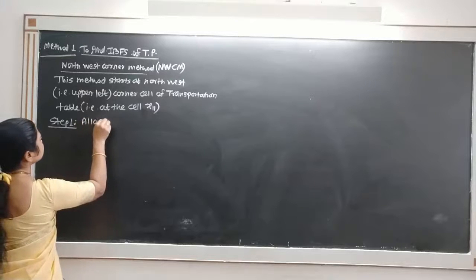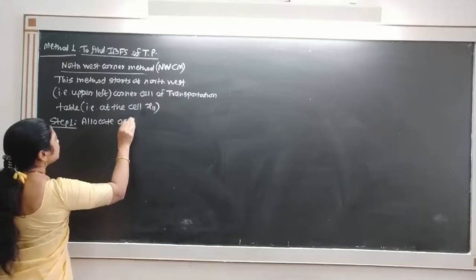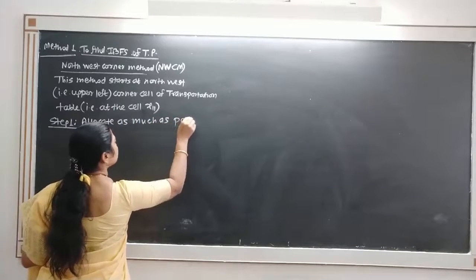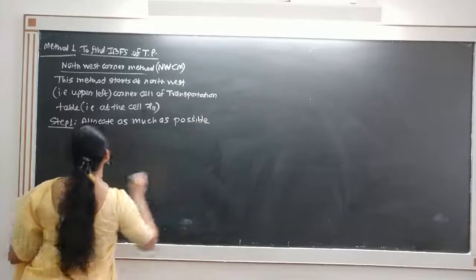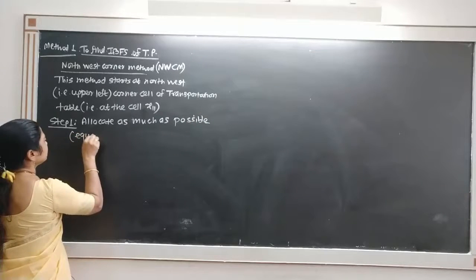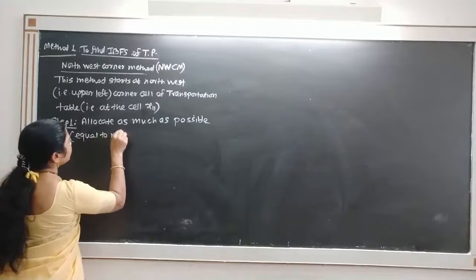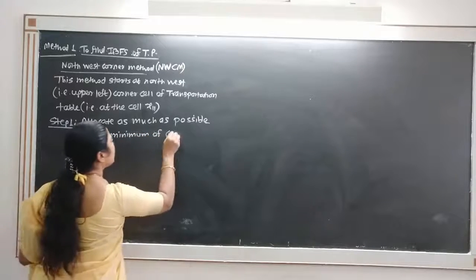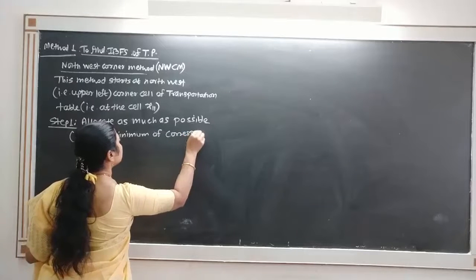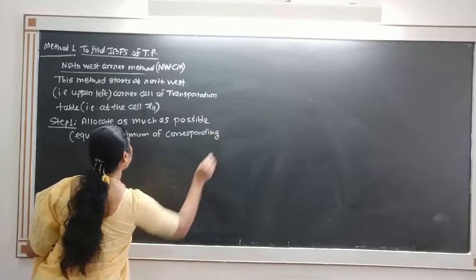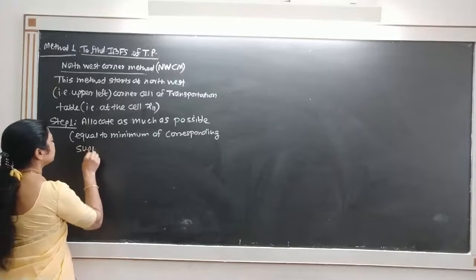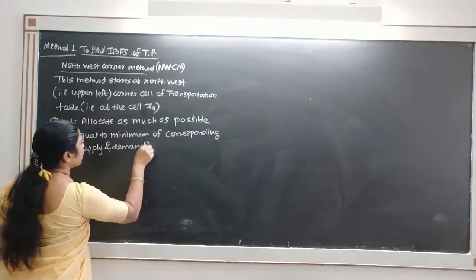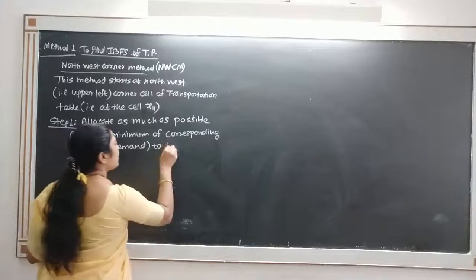The first step in this is: allocate as much as possible, equal to the minimum of the corresponding supply and demand, to the selected cell.